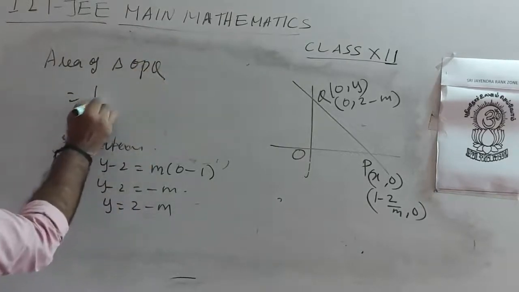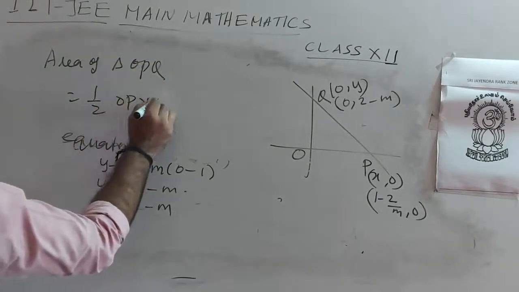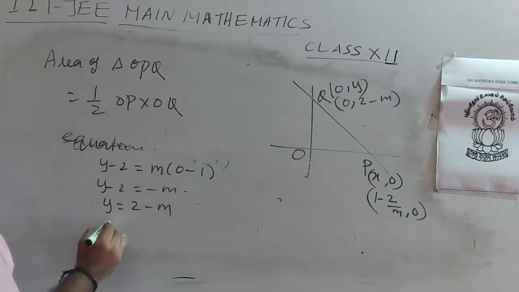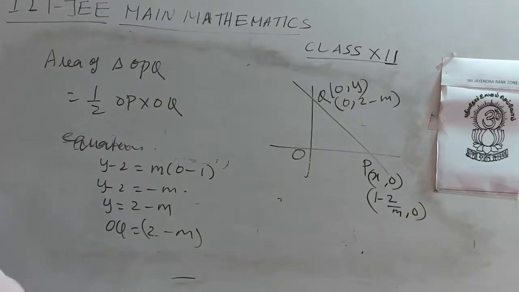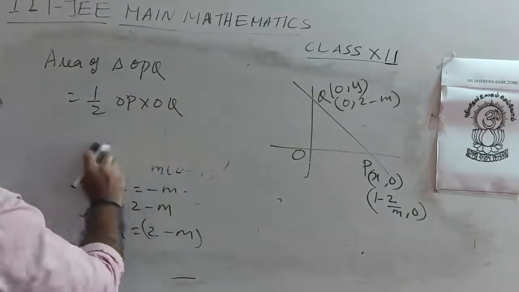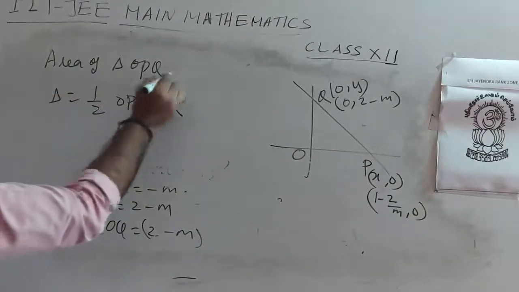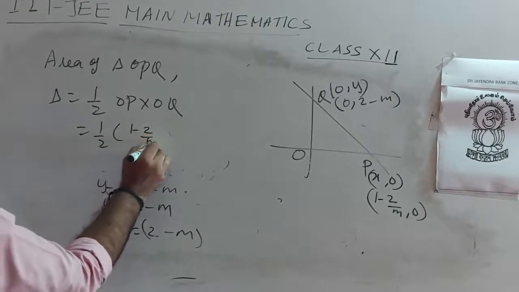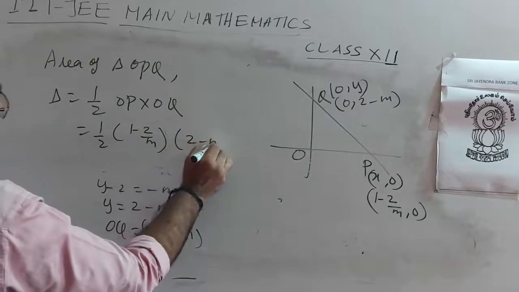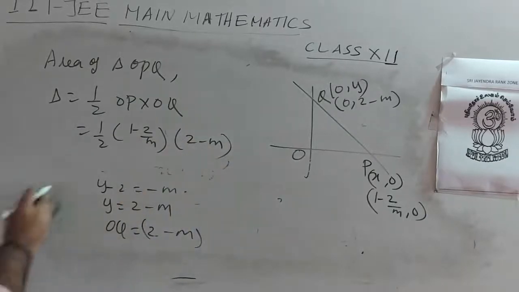Area of triangle OPQ equal to half into OP into OQ. That is OQ equal to 2 minus m. Half into OP, 1 minus 2 by m, into OQ, 2 minus m.